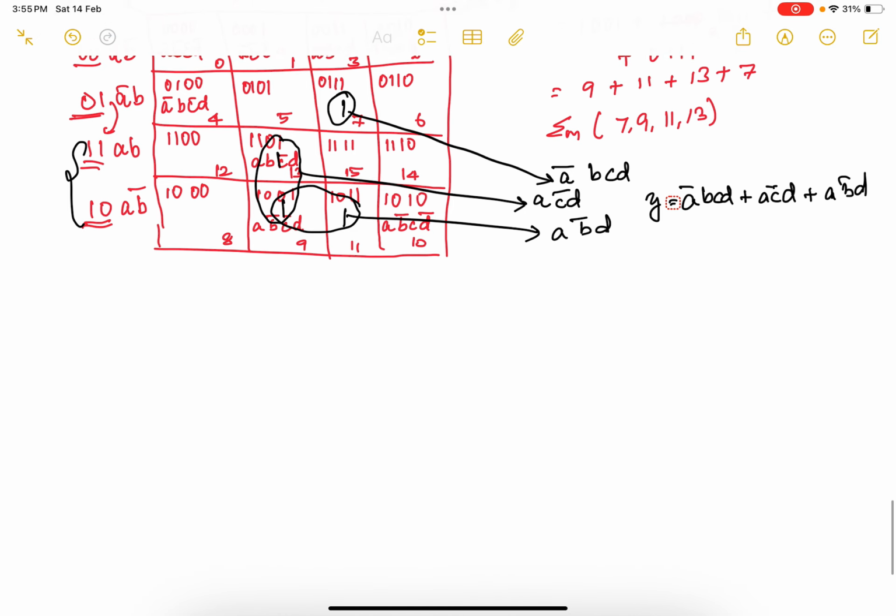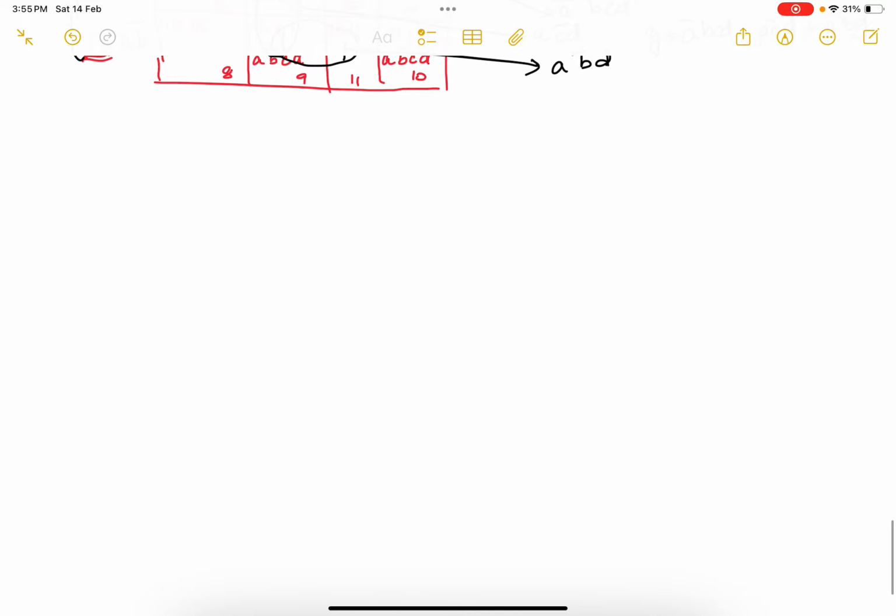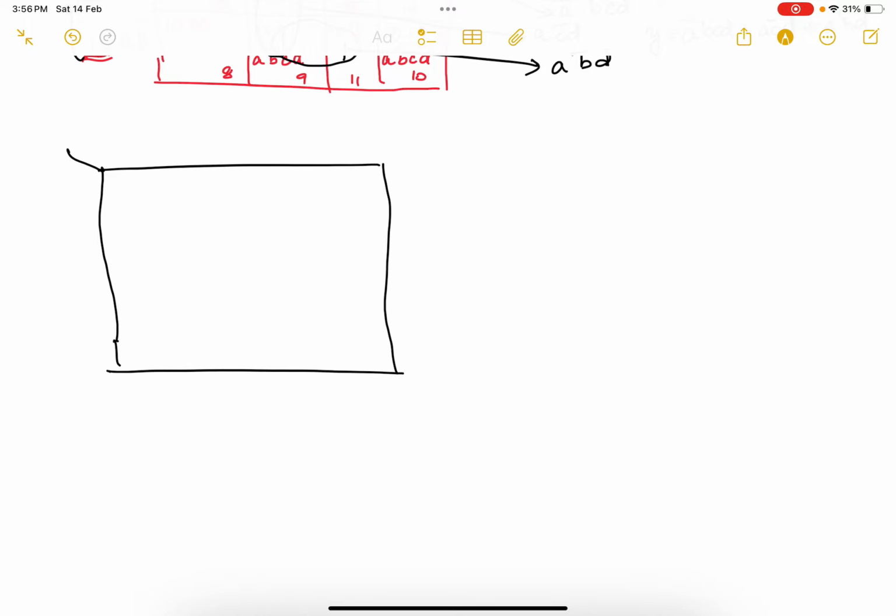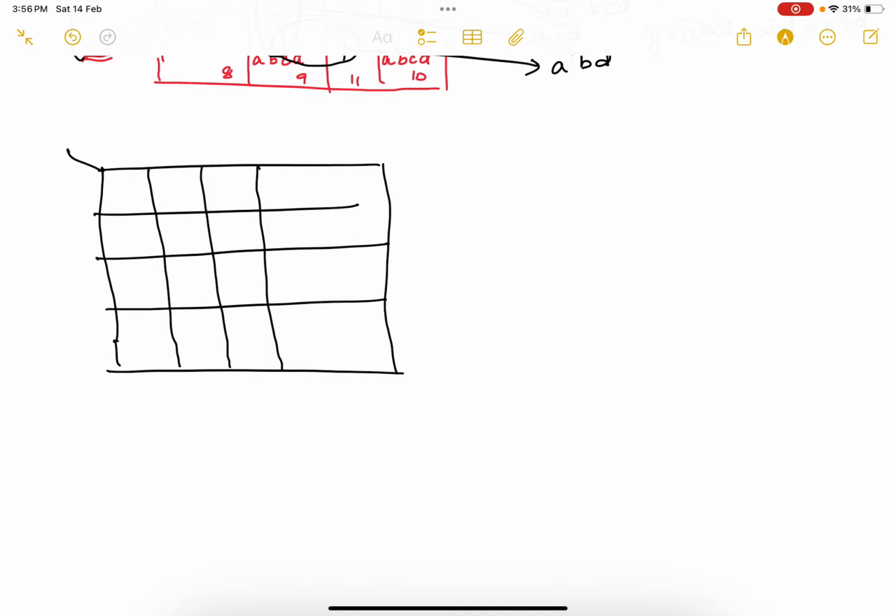Now, in the other manner, before going into this, we will see how the grouping occurs, how we are going to group it. Here the possibility of an oct is also available, the possibility of a pair, the possibility of a quad, everything is there.